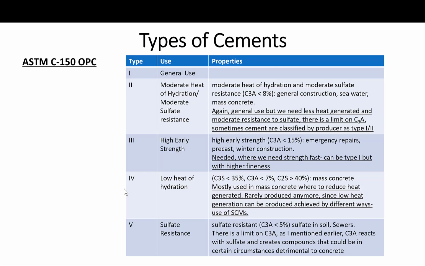Type 5 is the sulfate resistant cement, used where we have severe sulfate problems in the soil or for sewer structures. There is a limit on C3A, less than 5%. As I mentioned earlier, C3A reacts with sulfates and creates a compound that could be, in certain circumstances, detrimental to concrete.